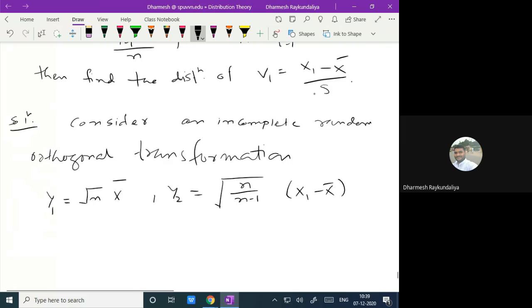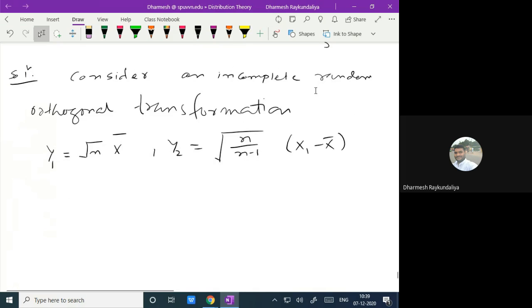So I will consider this transformation. I will not focus on y3 up to ym, because in a complete orthogonal transformation we have y1, y2, ..., ym, so we are just transforming the m variables. To solve this example, these two transformations are sufficient, so we will not go beyond that.